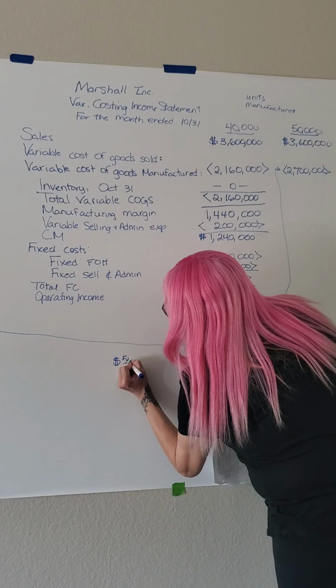Then in the next step, we're going to calculate out our variable cost of goods sold. So the first thing is variable cost of goods manufactured. We already calculated that. We calculated out the variable cost of goods manufactured here, where we added up the direct materials, the direct labor, and the variable factory overhead. So we already calculated that out.